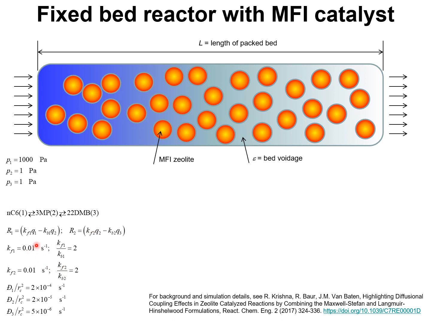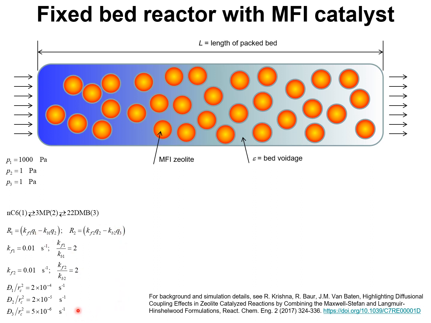The forward and backward reaction rates are considered to be linearly dependent on the molar loadings within the catalyst. The forward reaction rate constants are both taken to be 0.01, and the ratio of the forward to backward reaction rate constants are taken to be a factor 2 for both these reactions.